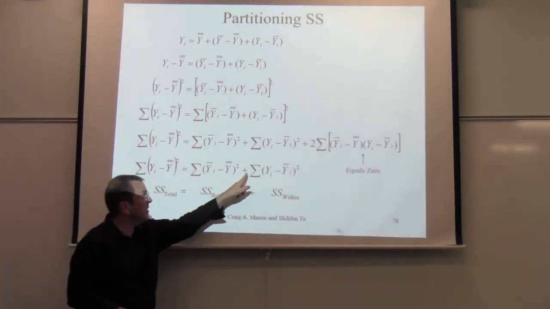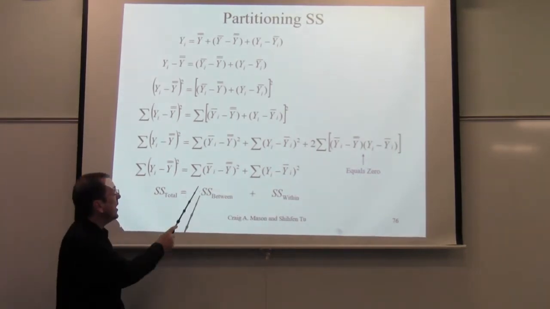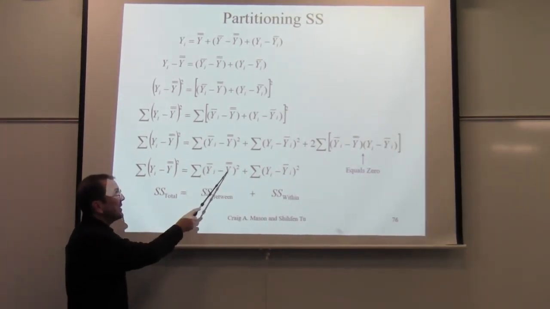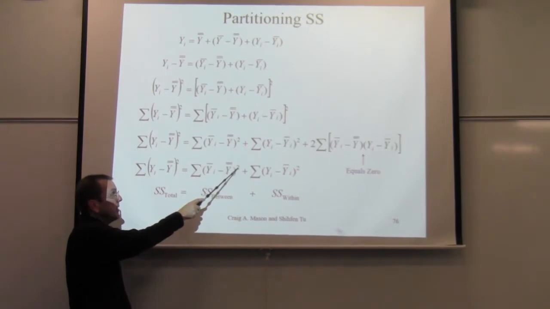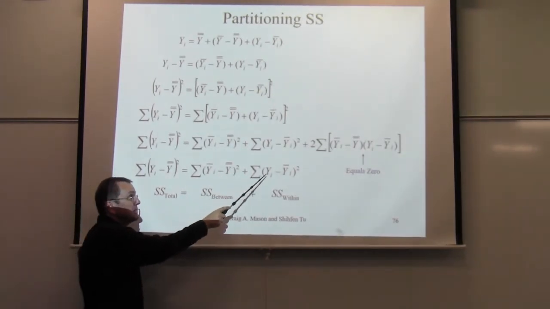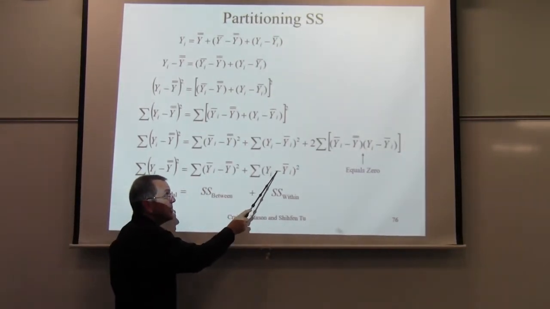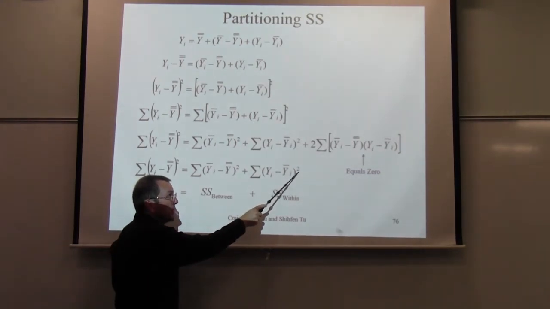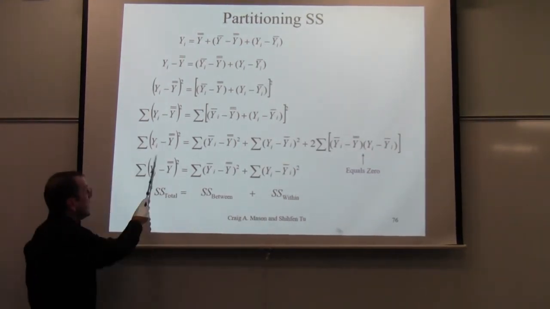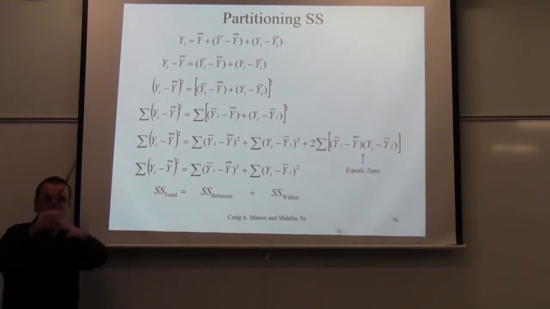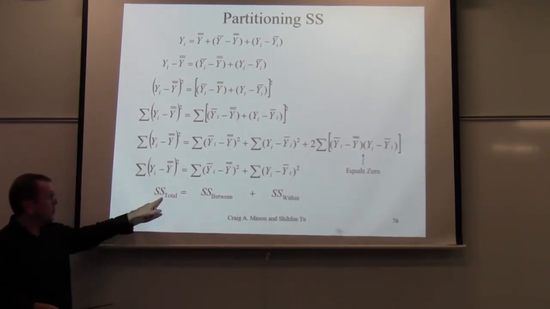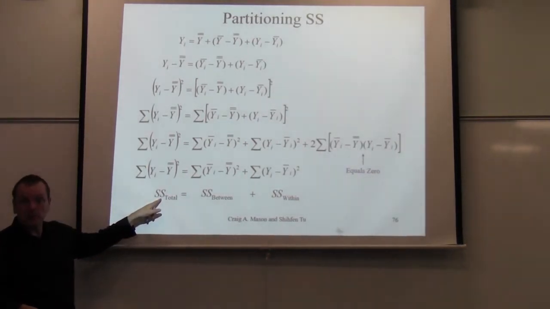That equals 2 different things here. One is the group mean minus the grand mean squared, the sum of those, plus the individual score minus the group mean squared. So this is the total sum of squares, right?